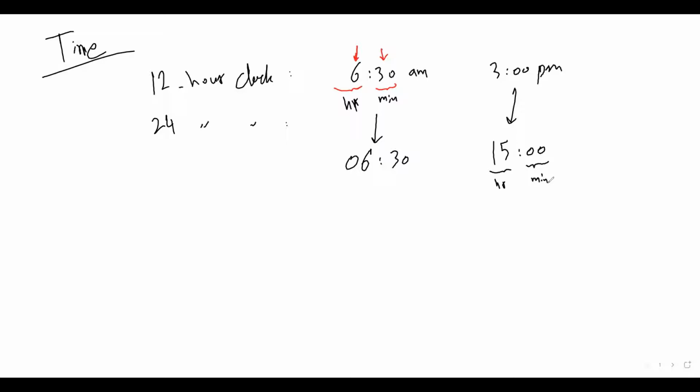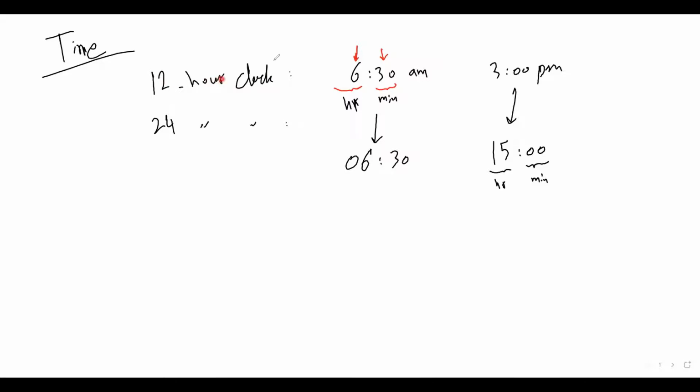Now, usually in order to avoid confusion, in timetables, they stick to the 24-hour clock, but in the IGCSE exam, they want to confuse you. So most of the time, they give you in this system.